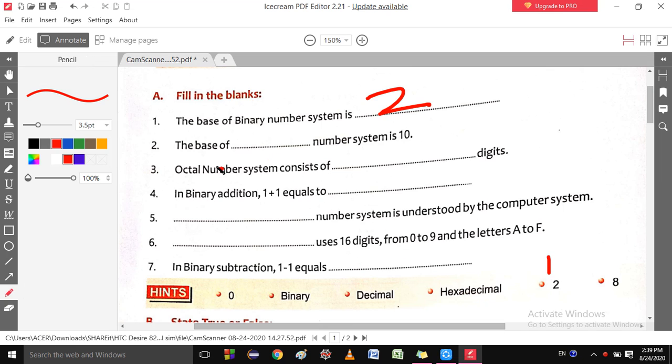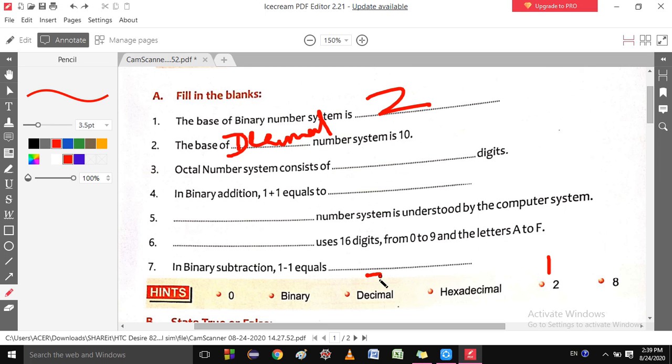Next one, the base of the decimal number system is 10.